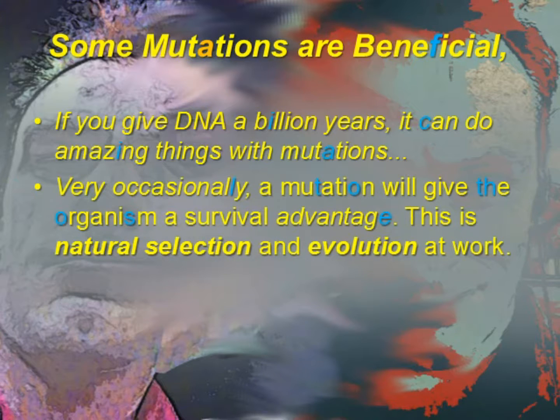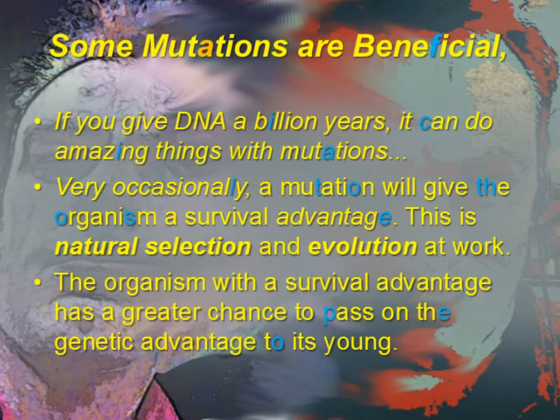So very occasionally, a mutation will give an organism a survival advantage, and this is called natural selection, because no one ever chose to let that organism reproduce. The organism with a survival advantage is more likely to pass on that genetic advantage to its young, and over millions of years this is more likely to lead to that survival advantage becoming normal for that species.